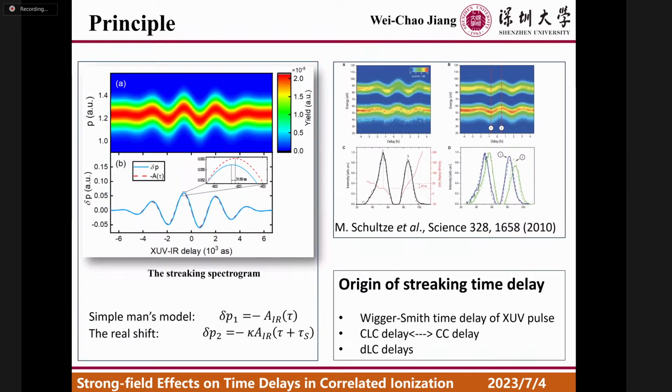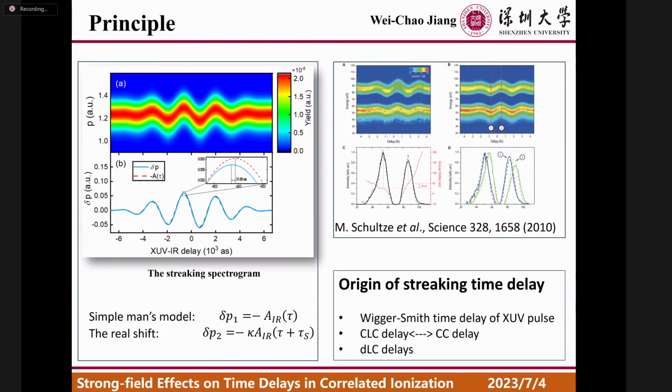This is the typical streaking spectrum we calculated. When we expose an atom to the XUV pulse and IR dressing pulse, the momentum spectrum will depend on the time delay between the pulses. In this momentum streaking spectrum, a lot of interesting physical information is included.